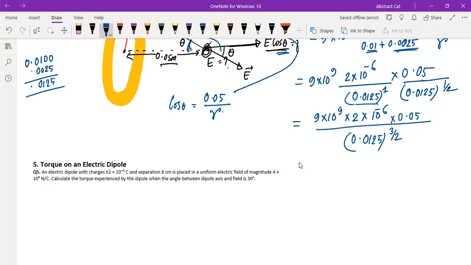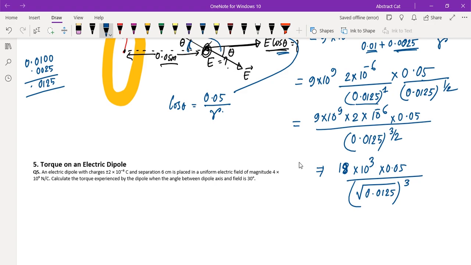If you wish to solve that, that is okay. Otherwise you can do it with a calculator and get the result. It actually takes time. 9 to the 18, 10 to the power 3, so 0.05, root of 0.0125, their whole cube.